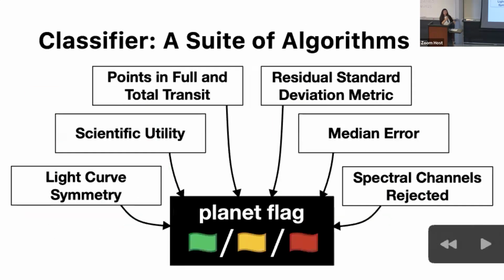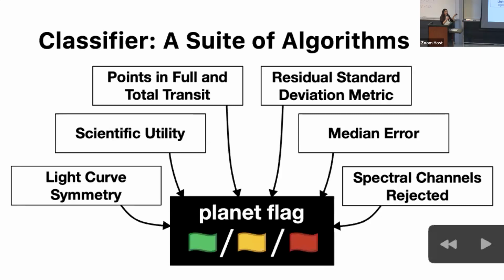Then we have this full suite of algorithms in classifier that tell us about the data quality of each planet. All of these algorithms are run on each target, and they tell us how many points are in the transit, as I showed in that example, and also the scatter of the data compared to the theoretical shot noise, the number of spectral channels rejected as a percentage, and the symmetry of the light curve.